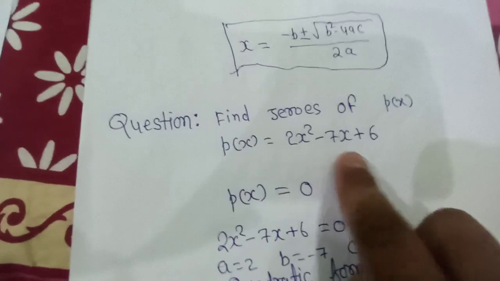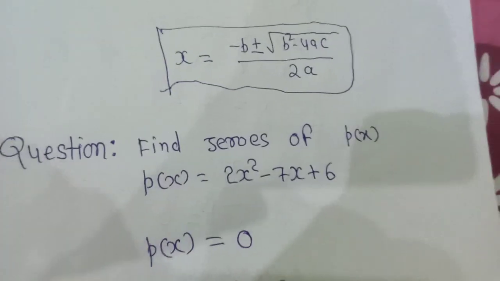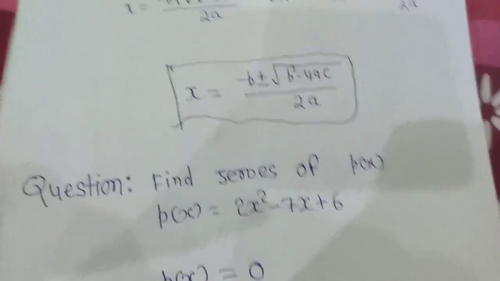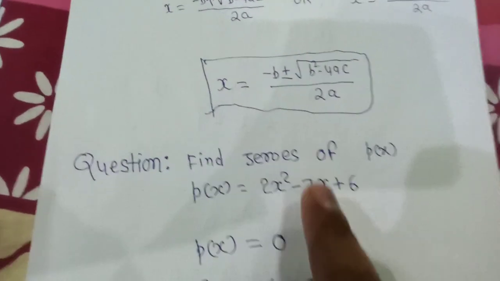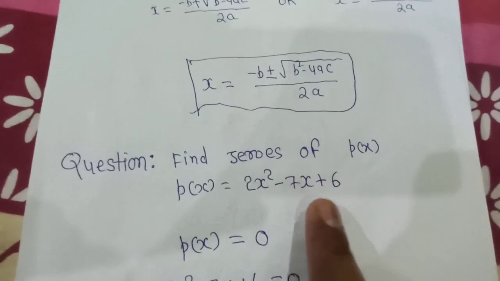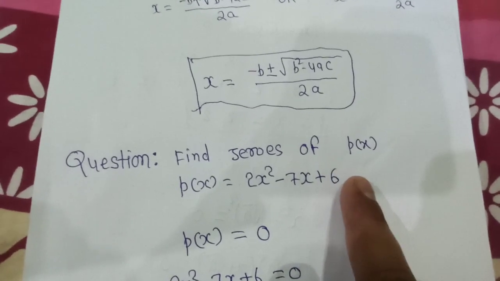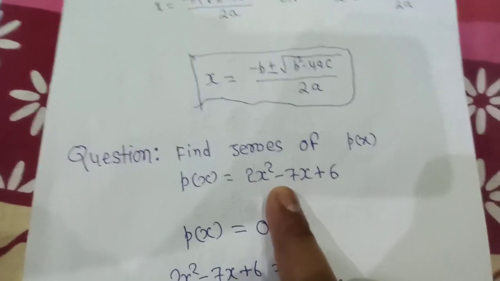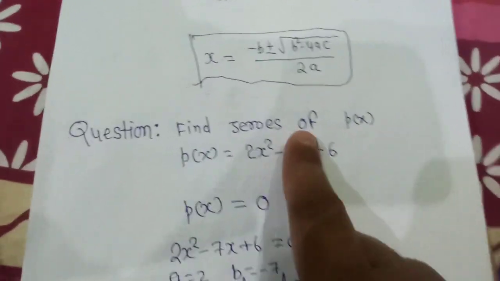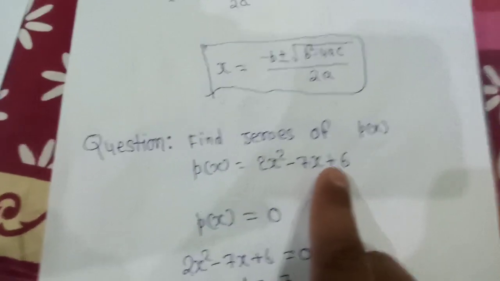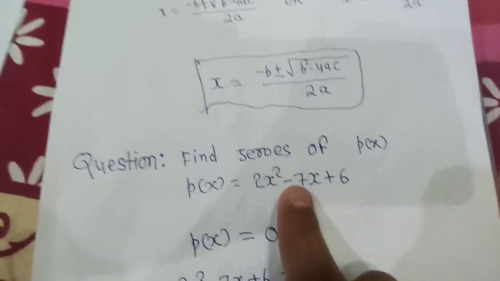We want to find the zero of this quadratic polynomial, and how are we going to find it? If it were a linear polynomial, we would simply have equated it to 0 and then found the value of x. But it is a quadratic, so we cannot simply find the zero.